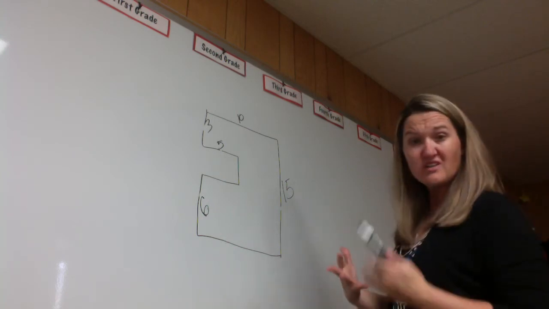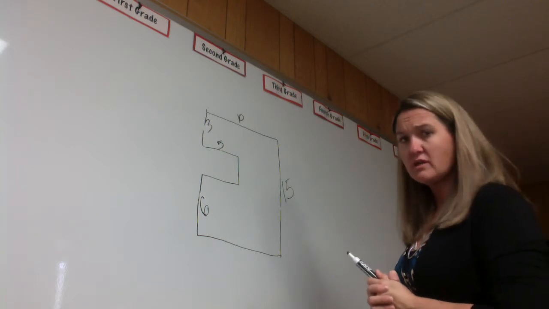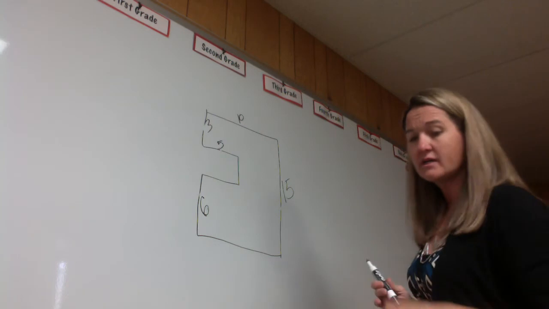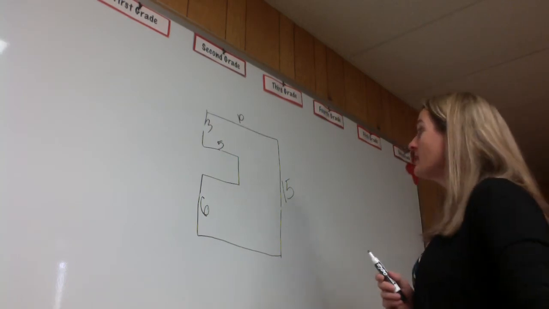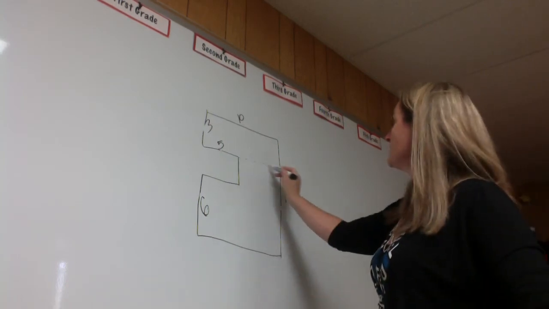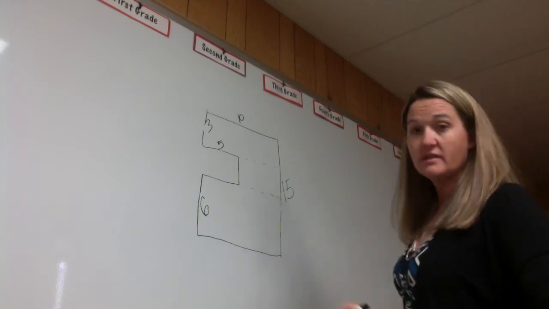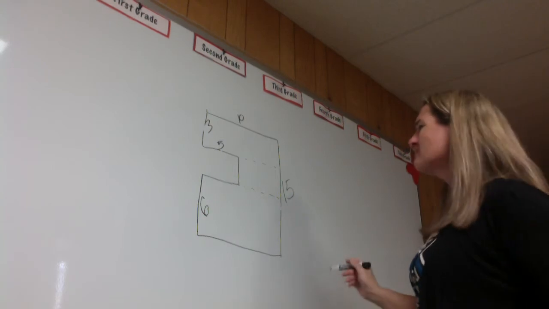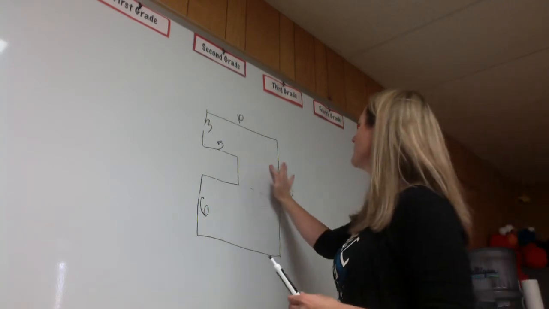Let's turn it into a shape we do know how to find the area of by adding some lines to divide it up. I could add some lines here, right there, and now I've got a rectangle, a rectangle, a rectangle. I don't really want to find the area of 3 rectangles.